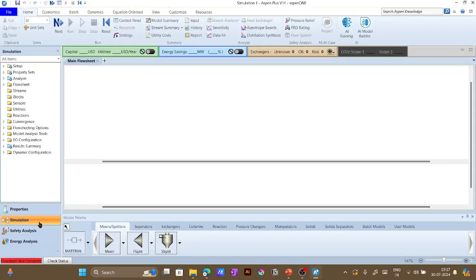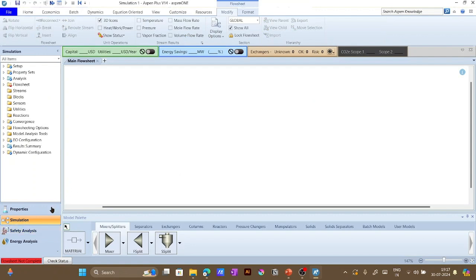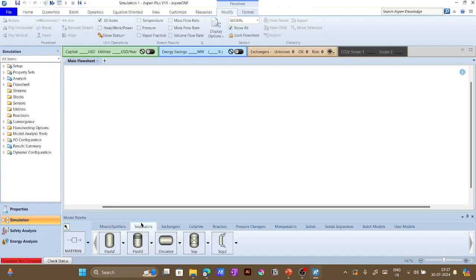Once you have done a property estimation, you can go to the simulation window, where we will be doing the process plant simulations, right? Under the simulation tab, in the bottom part you have different models available, from mixers, separators, different kinds of exchangers, to different types of reactors, right?